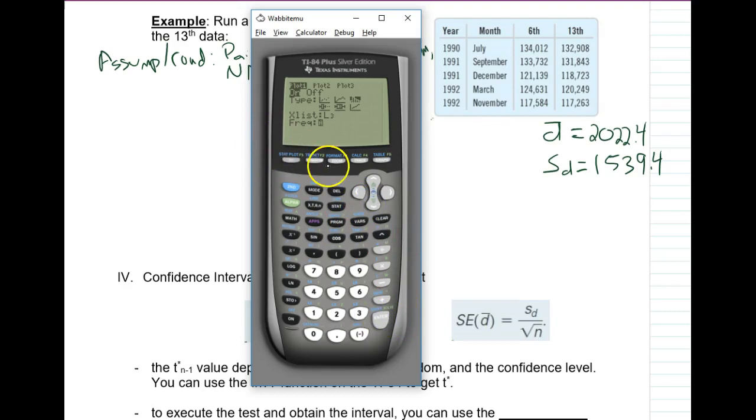I hit enter, and then I'm going to do zoom. Oh, let's hit quit here. Let's go back to stat plot. So I'm going to do zoom and then scroll down to zoom stat. Okay, and that's what I get. Now that's not very meaningful. It's only 5 data points, and so there's my histogram.